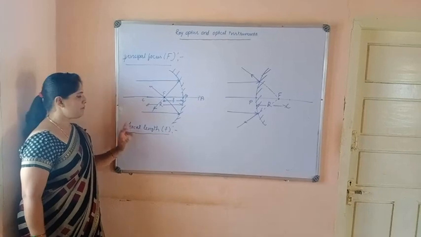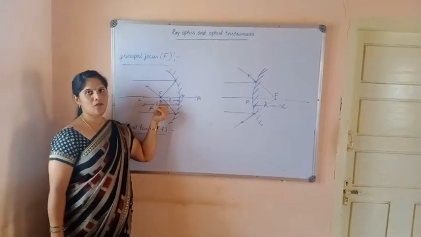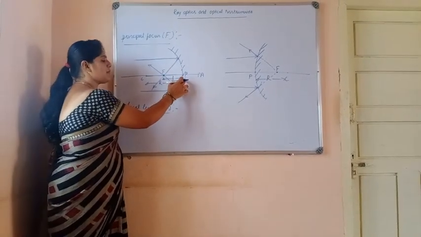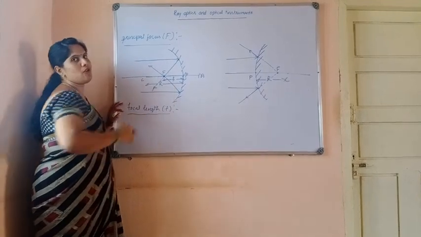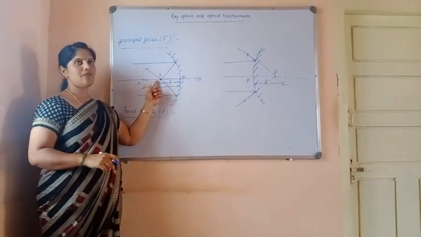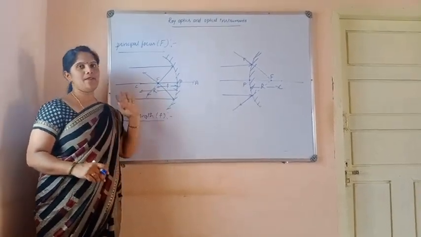Don't confuse it with capital F. Capital F is the principal focus and small f is the focal length.